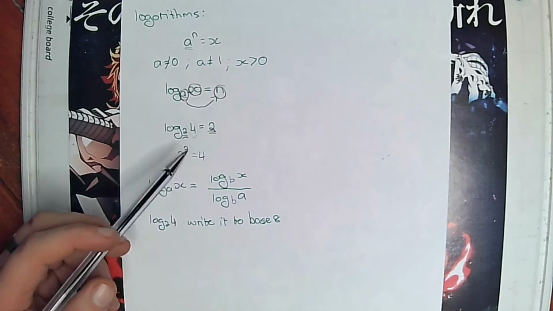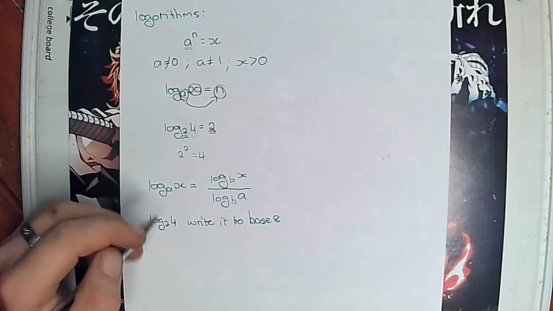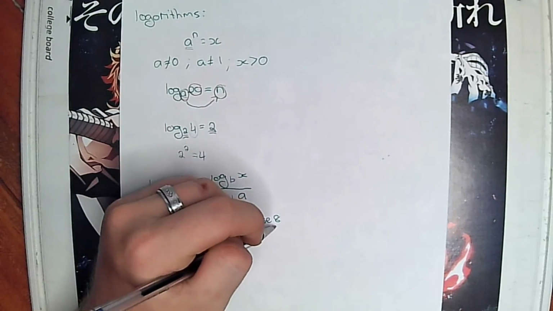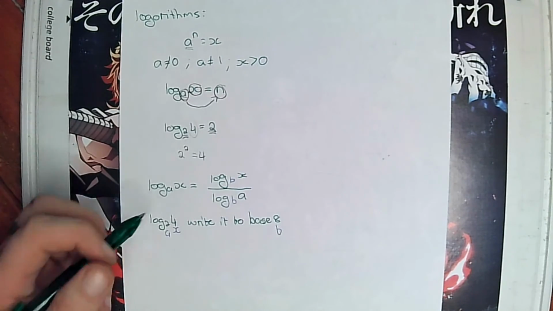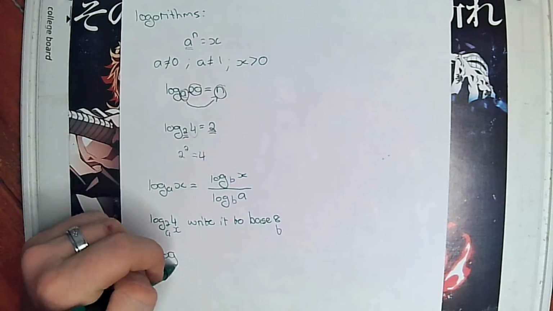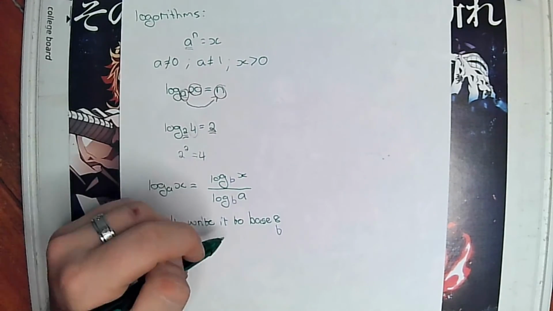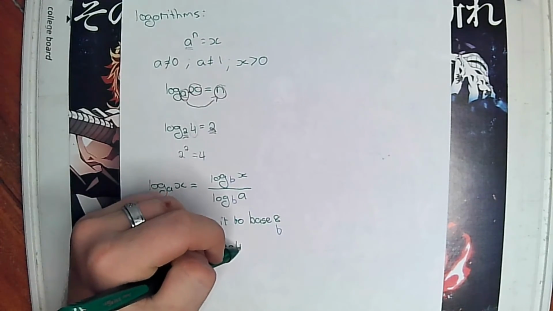We know that this is my a, this is my x, and in this case, 8 is my b. So, pretty simple, we just write it as such: log base 8 of 4 over log base 8 of 2.